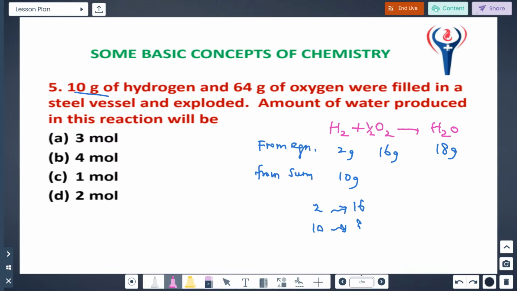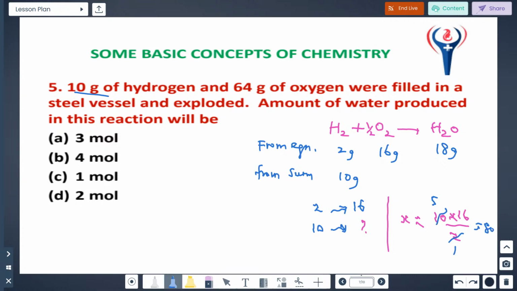Consider it as x. So x is equal to 10 into 16 by 2. Cancel, 1 time here, 5 times, so it will be 5 into 16, which is 80.